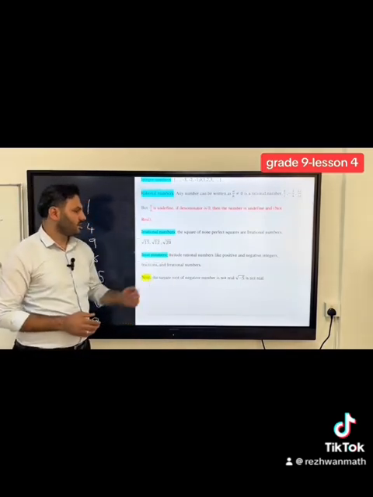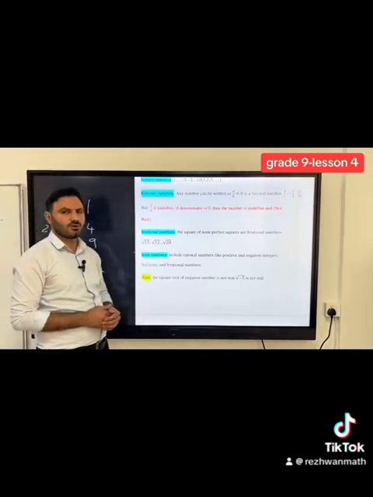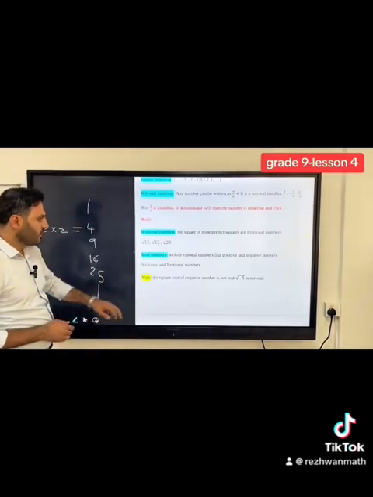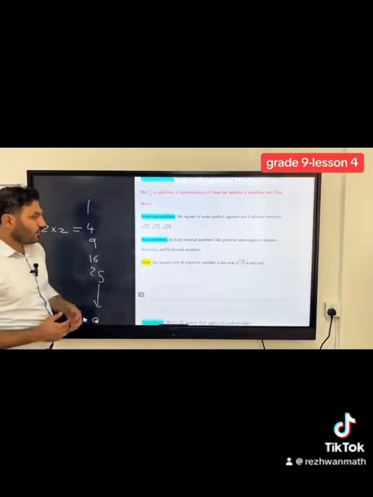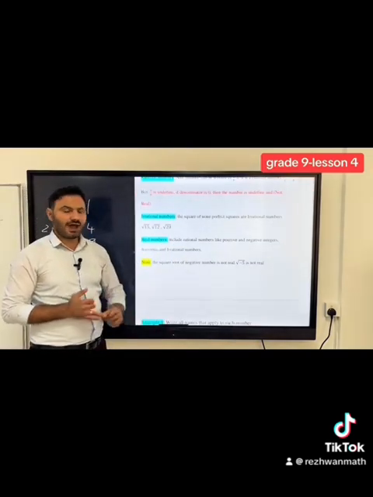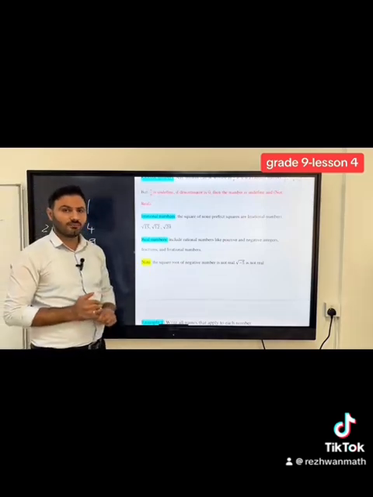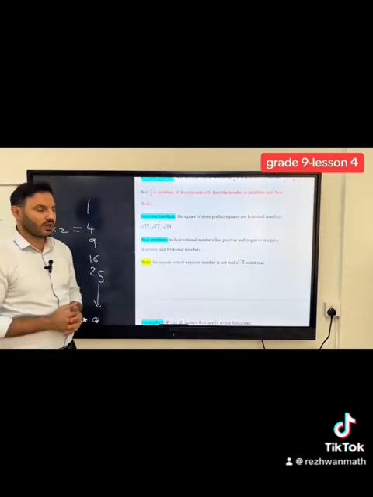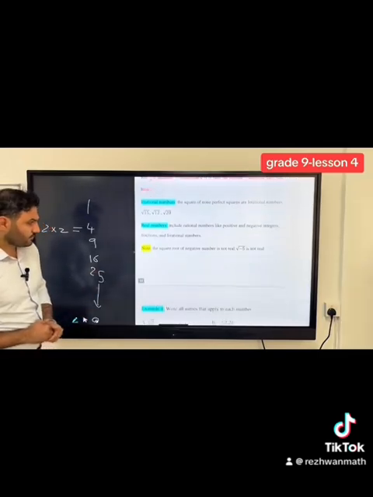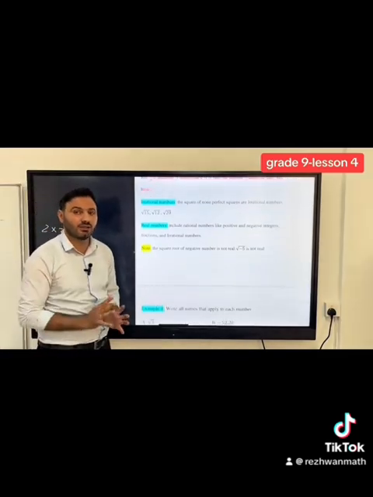The square root of 20 is the same. Now, real numbers include rational numbers, like positive and negative integers and fractions, and irrational numbers. These are all real numbers. Note, the square root of a negative number is not real.